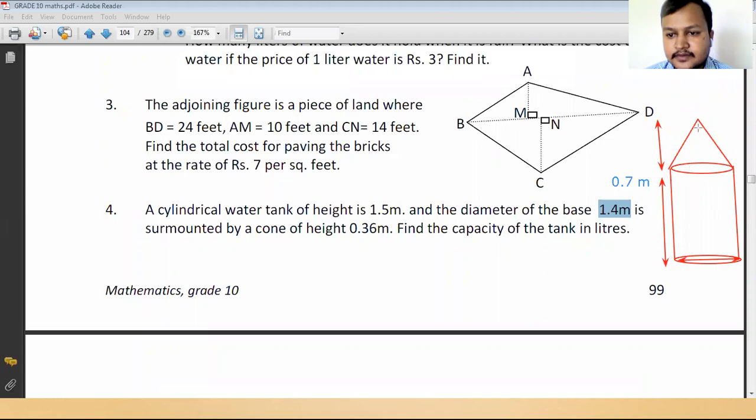Volume of tank means volume of cone plus volume of cylinder. We did a similar question in the previous exercise also, in combined solids, but there it was not asked to convert into liters.